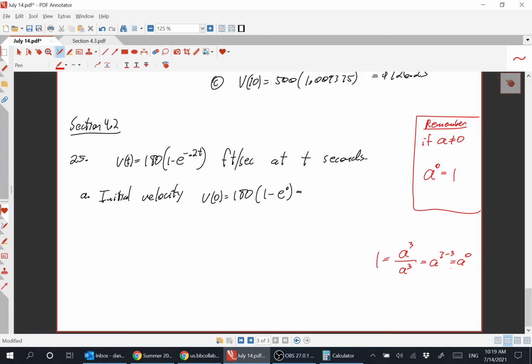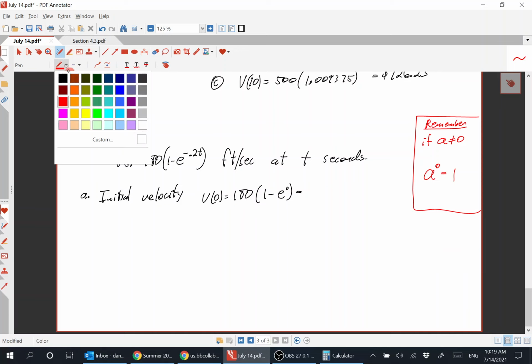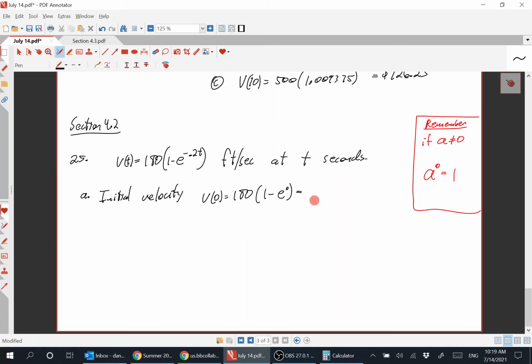We covered that way back in chapter P, preliminaries. So that's equal to 1 here. Keep that in mind. So it's 180 times 0, which is 0 feet per second, right? So as the person jumps, or before they jump, their velocity is 0.